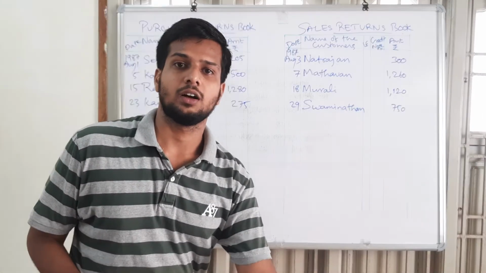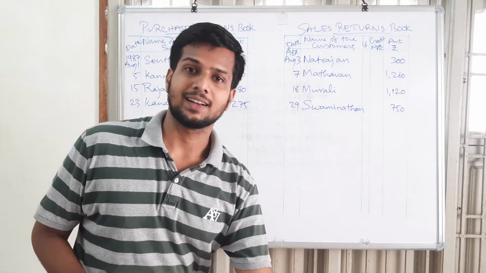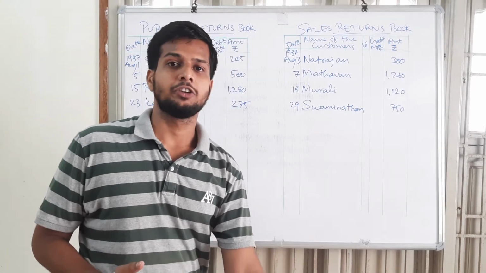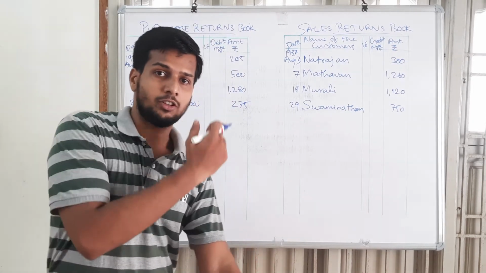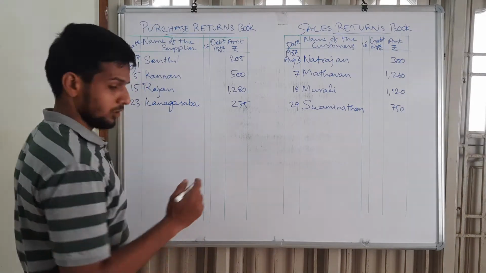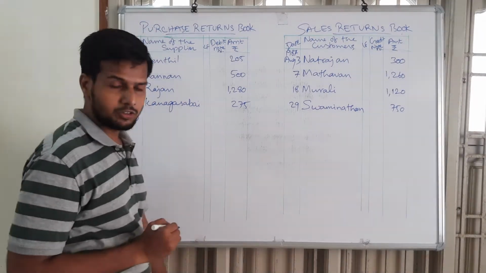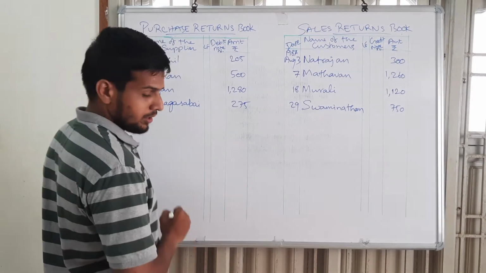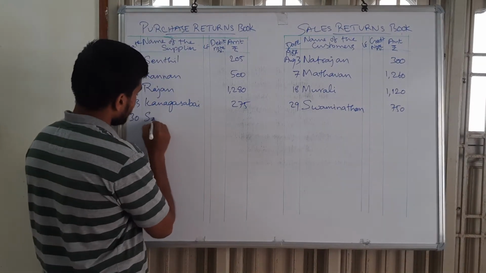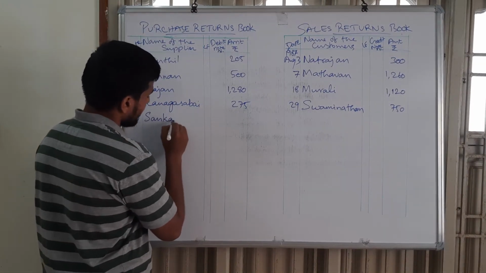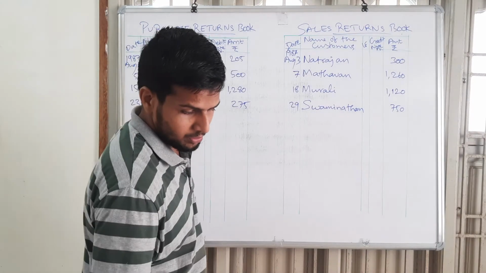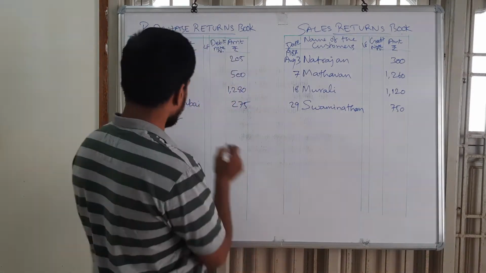Sankar is the supplier, and it should be recorded on the purchase return side. What is the date? August 30. Then the name of the supplier, Sankar. What is the amount? 890 rupees.